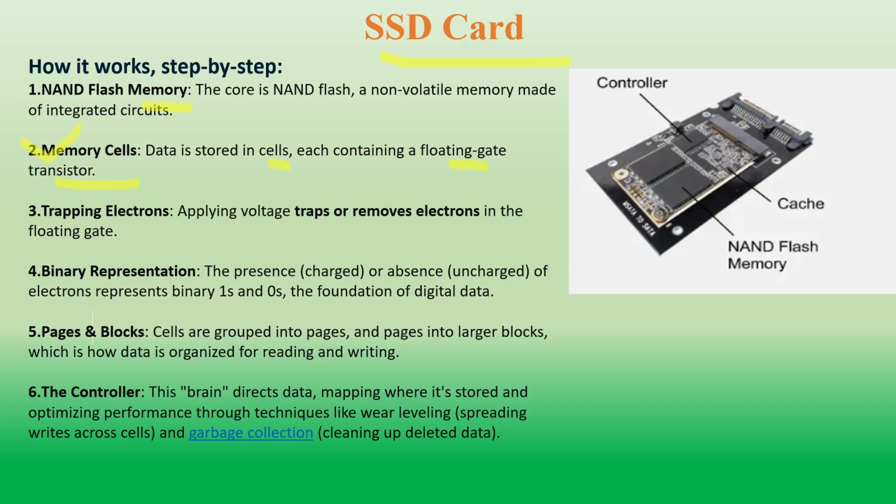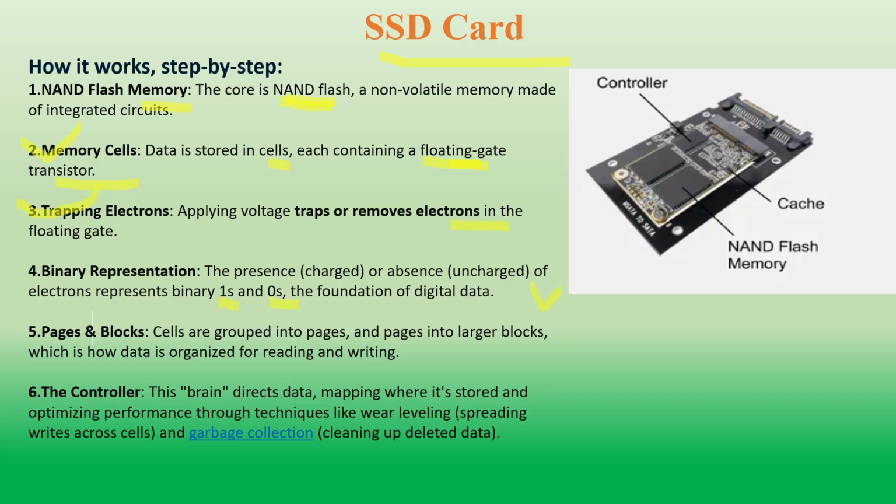In the previous video, I gave the details about NAND flash memory, the transistor, and the trapping of electrons. By applying voltage, they trap and remove electrons. This trapping and removing of electrons is the mechanism used to store the data, and this represents 1 and 0. This is the foundation of digital data.